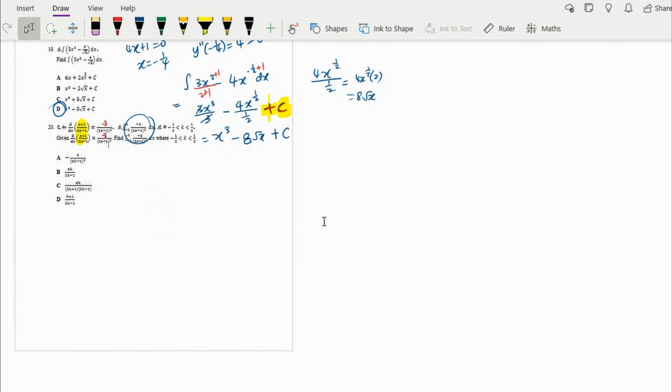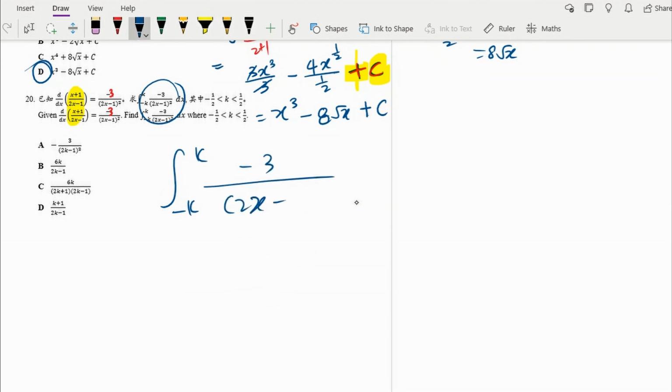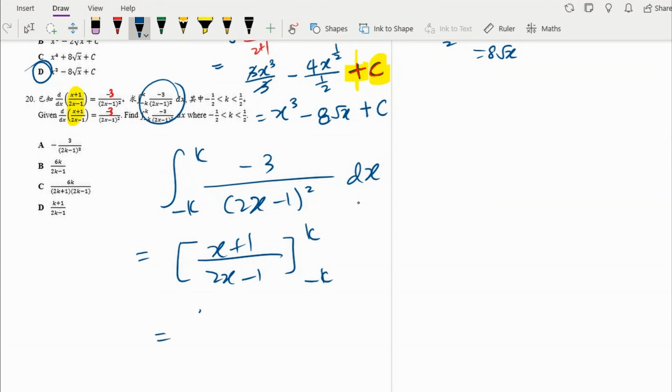So directly, very quickly: negative k to k of negative 3 over (2x minus 1) squared dx, which is (x plus 1) over (2x minus 1), from negative k to k, which is (k plus 1) over (2k minus 1) minus (negative k plus 1) over (negative 2k minus 1).